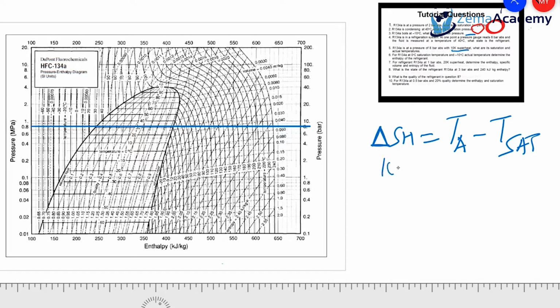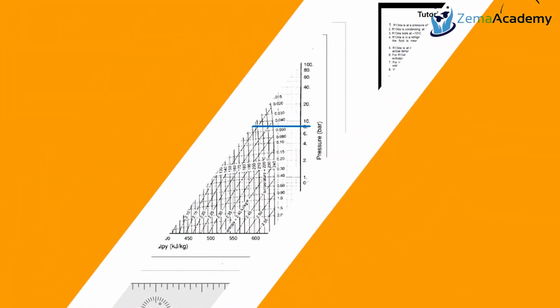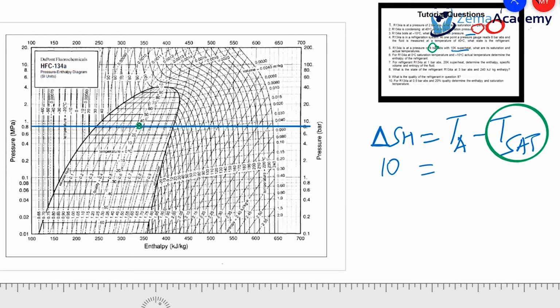So we know 10. Do we know the actual temperature? No. What about the saturation temperature? Yes, we do, because you know the saturation pressure, and every saturation pressure has its saturation temperature directly. Where we put our line for 8 bar, it's just a matter of reading what temperature that is.